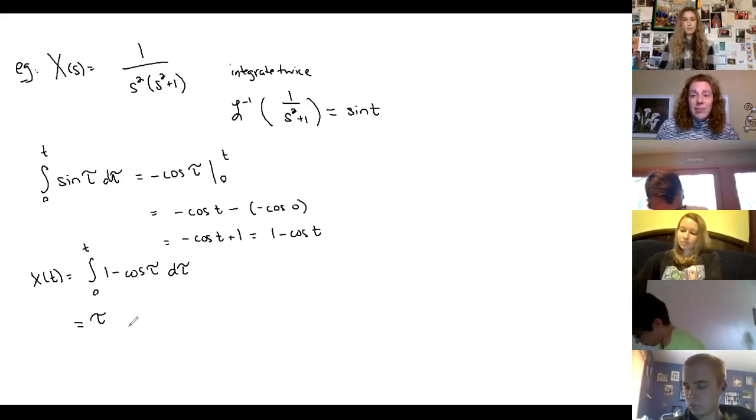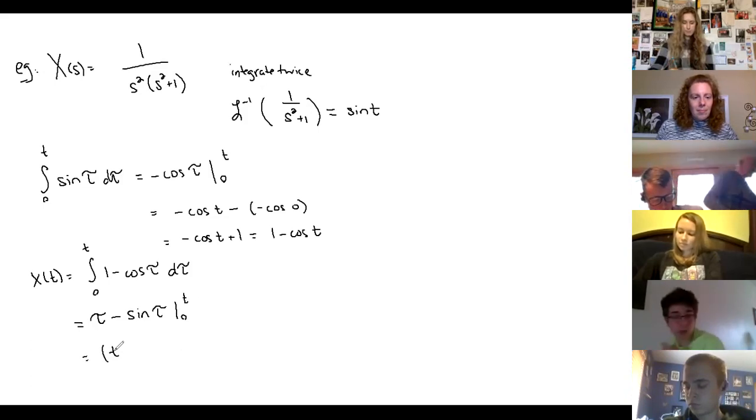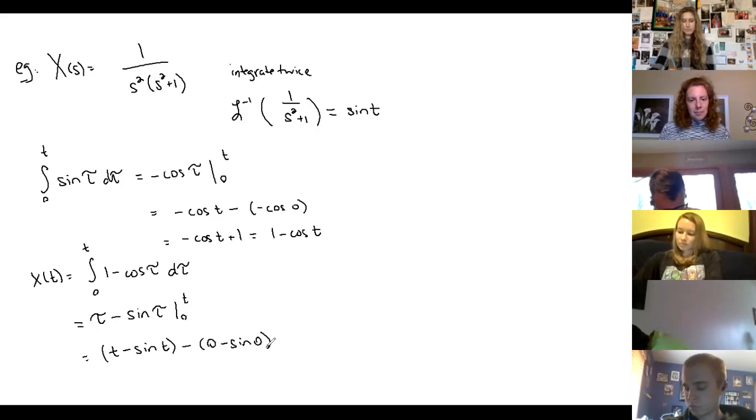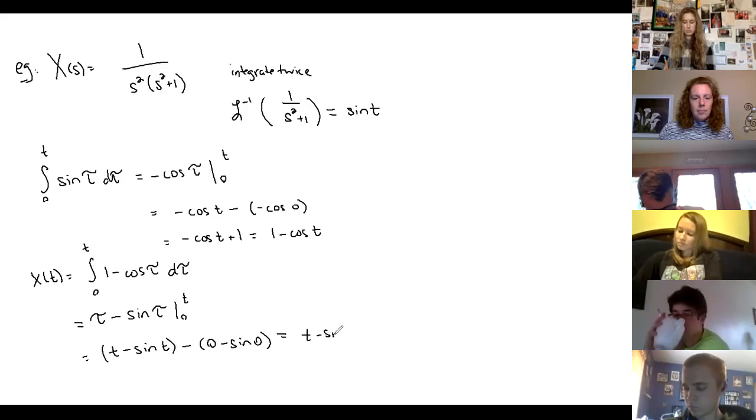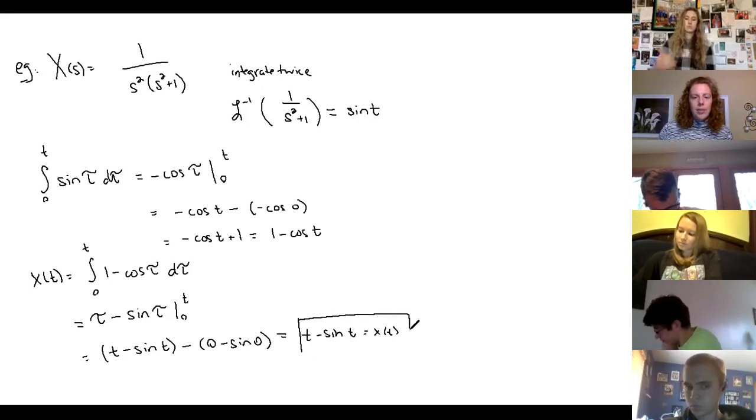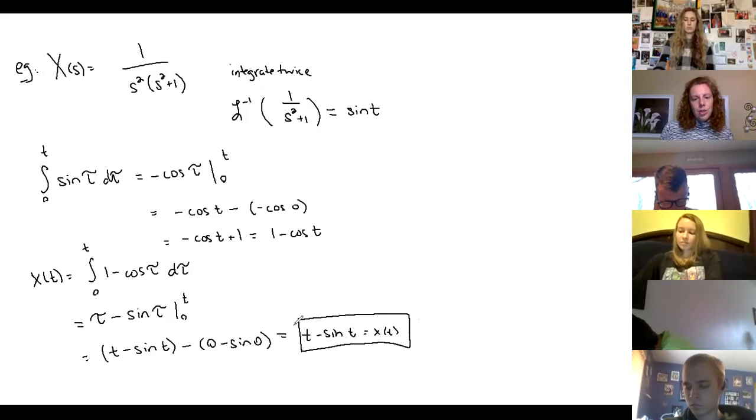And the integral of 1 is not t, not in this case. So once you integrate, once you plug in, you should get t minus sine of t.